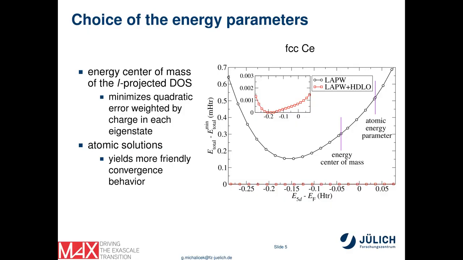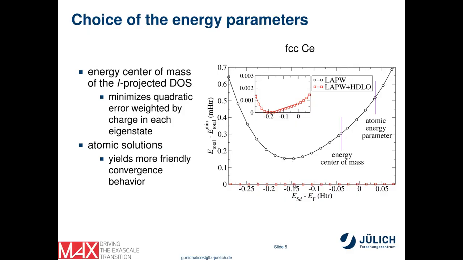And there we look for the eigenvalues of certain states and choose these eigenvalues as our energy parameters. So what we see is this energy parameter that we choose there is far away from the optimal energy parameter, that here would be like minus 0.15 Hartree. But even if we would choose this optimal energy parameter, we would not get the optimal total energy.